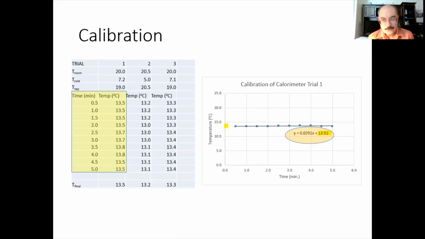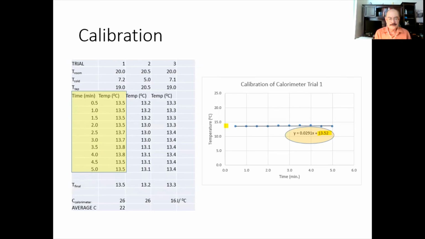Okay, this is where we had left off. This was the data for trial 1. After the calculations that I showed you, we ended up finding the heat capacity of the calorimeter for each trial. We get those three values, 26, 26, and 16. And the average of those three numbers is 22.